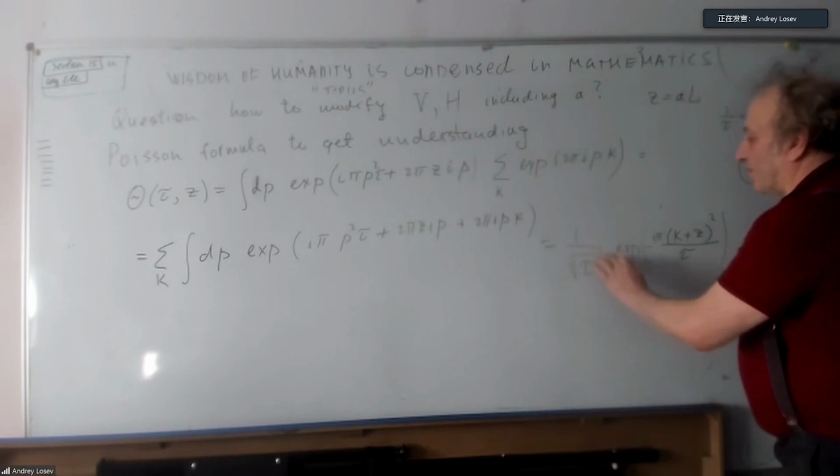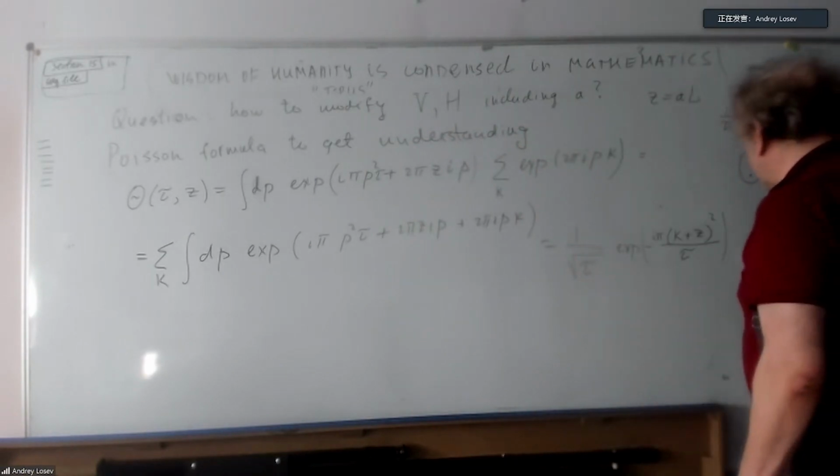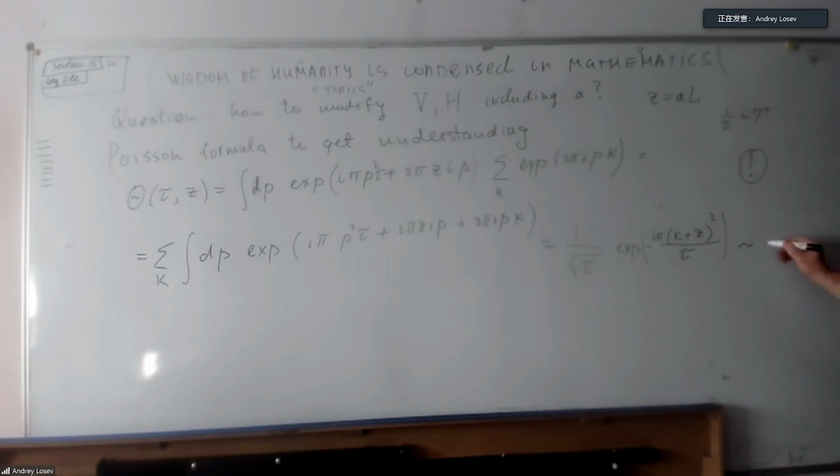I know that this 1 over square root of t tau would be cancelled out. But what I see from this is that I will get something like exponential of minus i pi (k plus z) squared over t times something else. So now the question is, how to interpret it?